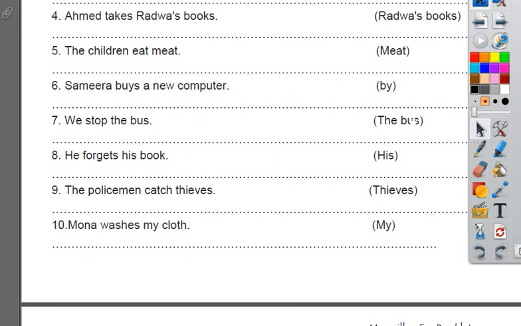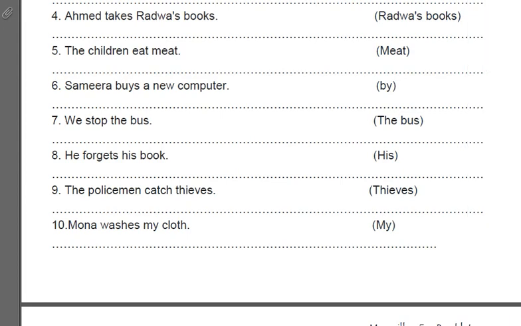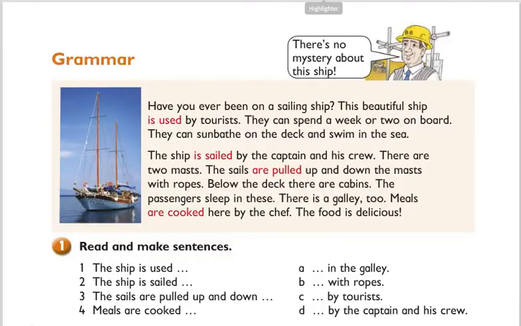Here are some more questions, and of course you have to practice a lot. Try to answer those questions alone. After answering the questions, now let's take this part in the language book. So let's read it.